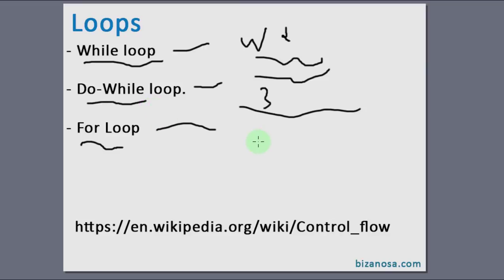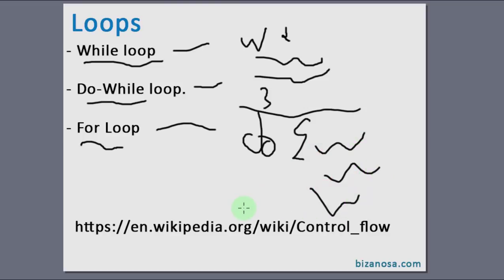So a do while loop, you do something, do whatever it is you're doing in there while the statement is true. So as long as the statement is true, it will go back to continue doing whatever is here.